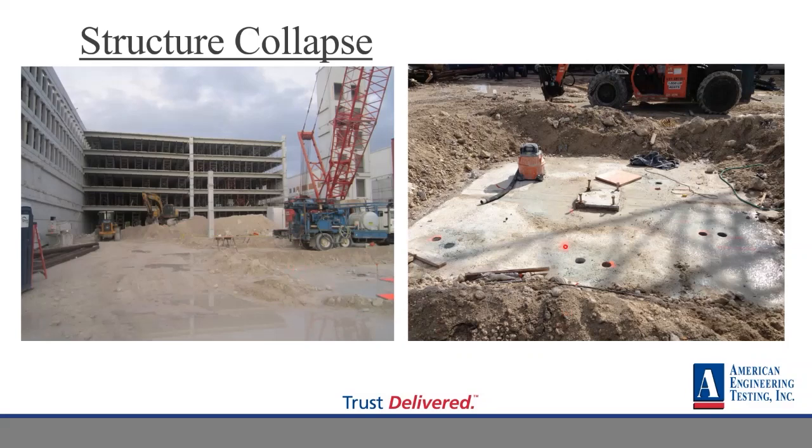But what you can see here is this was a pad for one of these piers, and the whole thing was supposed to be covered in a high-strength grout. And what happened was the grout, I'll show you.